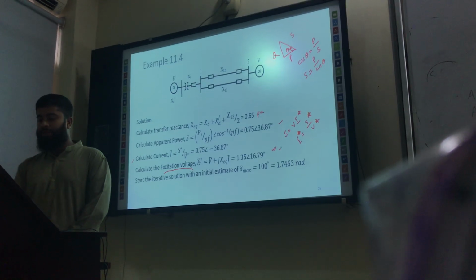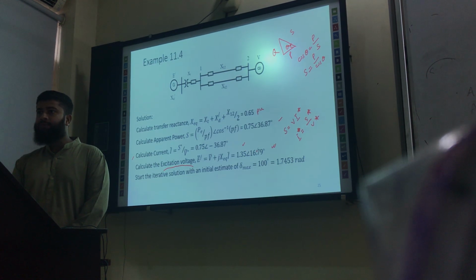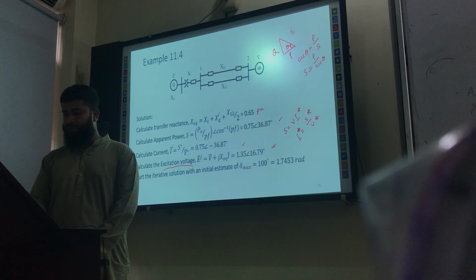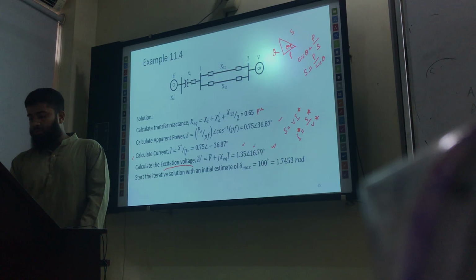Now from here, this is the magnitude of E, right? And this is the angle. So what is this? Here both the values are in complex form, right? Complex means it will have the magnitude as well as the angle. So what is this angle?